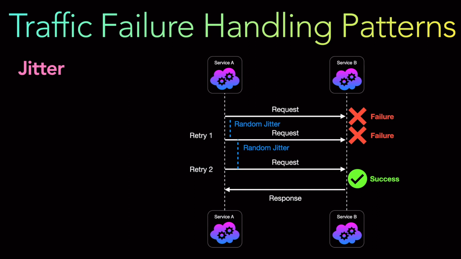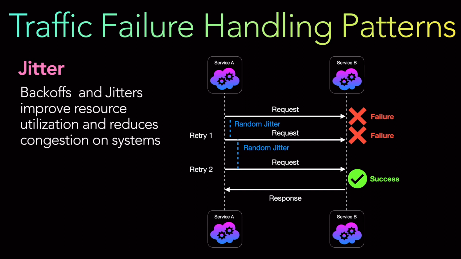That is avoided with adding jitter, with adding randomness to the calls, and this basically helps to spread out that spike of traffic or work and makes it easier for downstream services to scale or to recover, right? So basically, backoffs and jitters improve resource utilization and reduce congestion on systems. So that is where backoffs and jitters help, instead of normal immediate retries, and fixed or even exponential backoffs sometimes help in reducing the congestion on downstream systems, right?